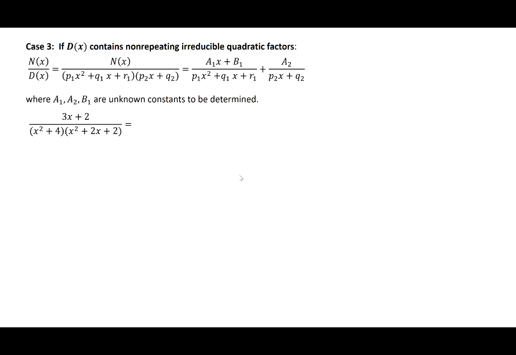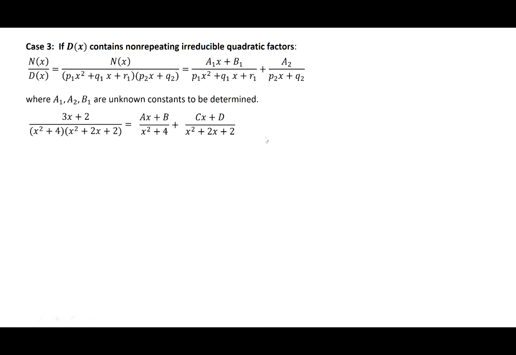Okay, now the moment we realize that, how do we account for x squared plus 4, that irreducible x squared plus 4? We say ax plus b over x squared plus 4. Right? Now, what about this one? Yeah, similar. Cx plus d over the irreducible quadratic. Cool? All right. Next.